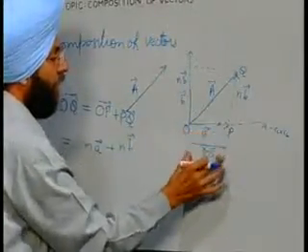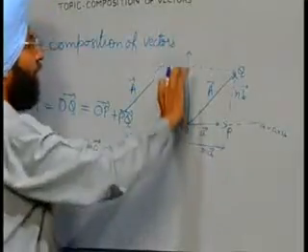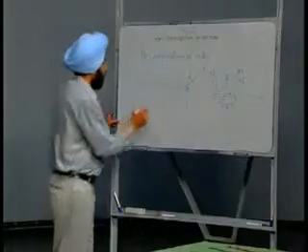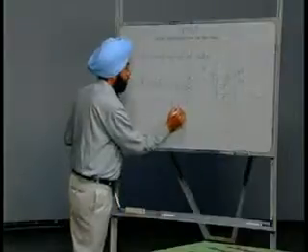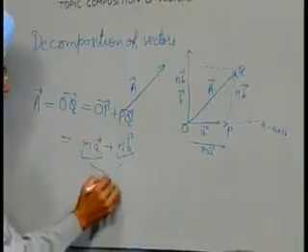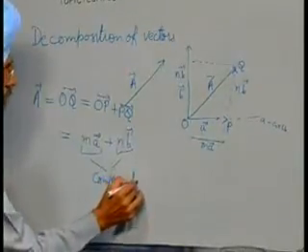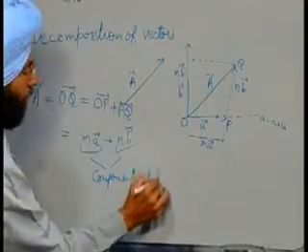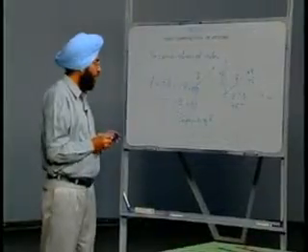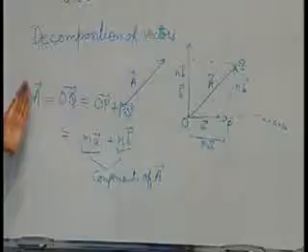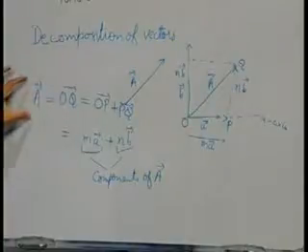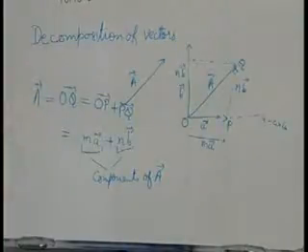If we multiply this with M, it will become OP, and if we multiply this with N, it becomes PQ. So, now these vectors are components of A vector. Components of one vector are two or more vectors that give us the same effect as this single vector used to give us.